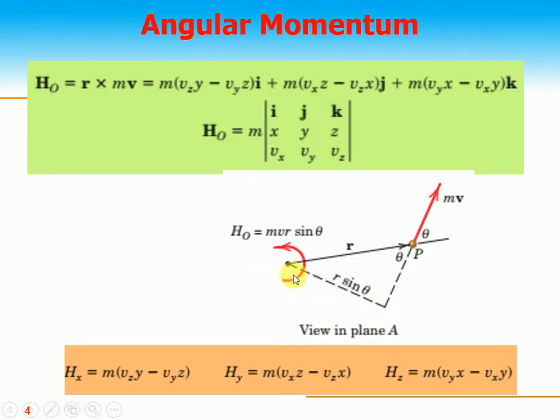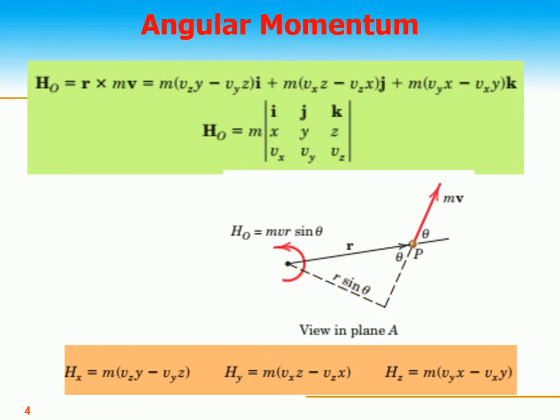If I went to the scalar method to find the angular momentum, let's see, this is the body here. It's moving in this direction. Of course, the linear momentum is in this direction, making an angle theta with r. Now if I need to find the angular momentum, meaning the moment of this momentum about point O, I extend it, and this becomes the perpendicular distance r sine theta.